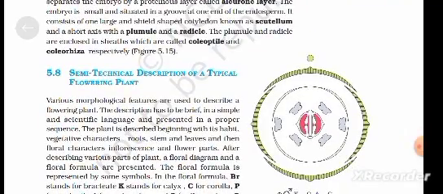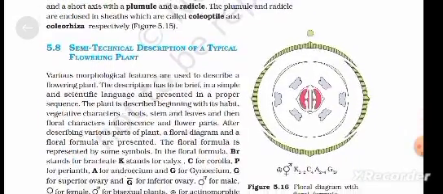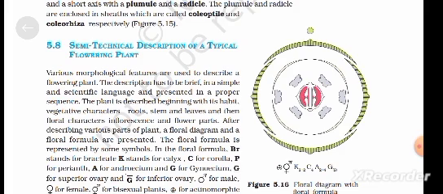Semi-technical description of a typical flowering plant. Various morphological features are used to describe a flowering plant. The description has to be brief, in simple and scientific language, and presented in a proper sequence.